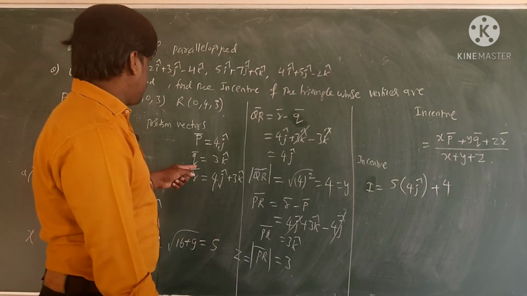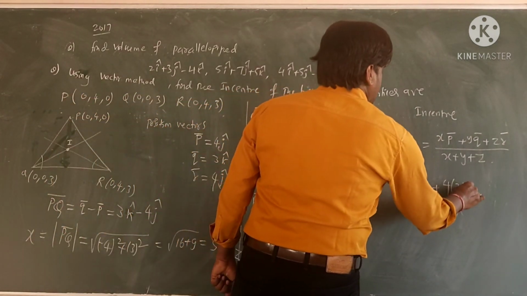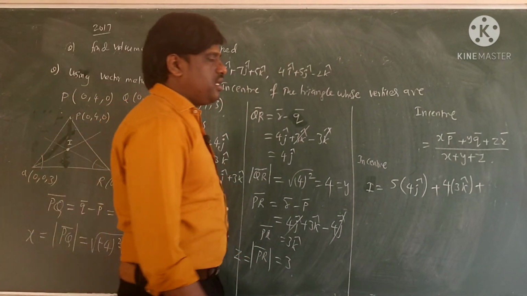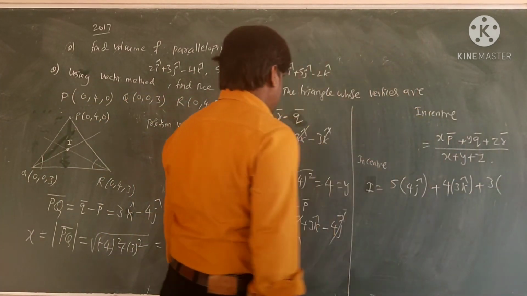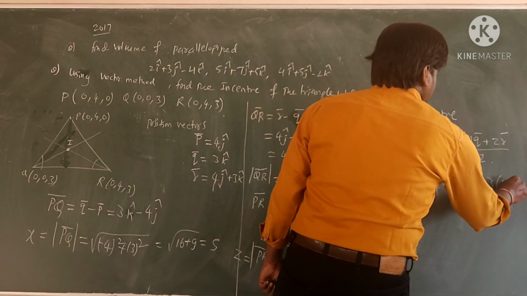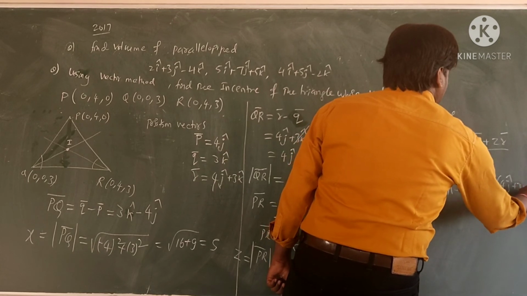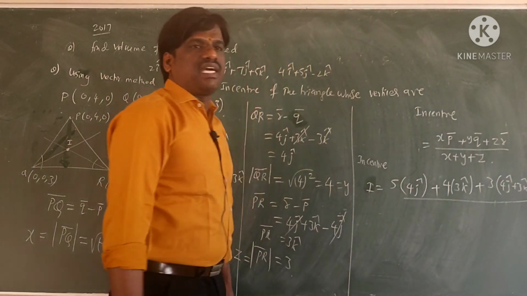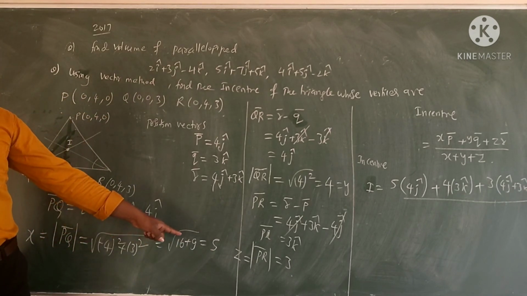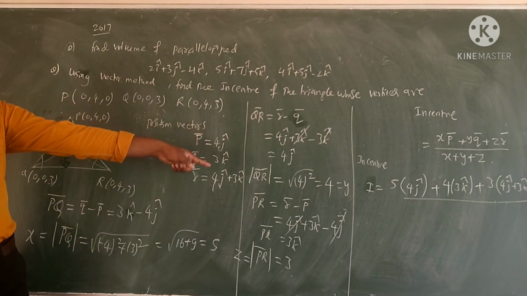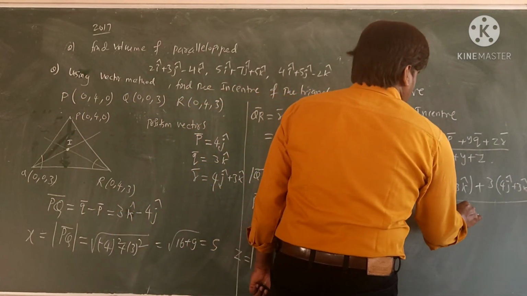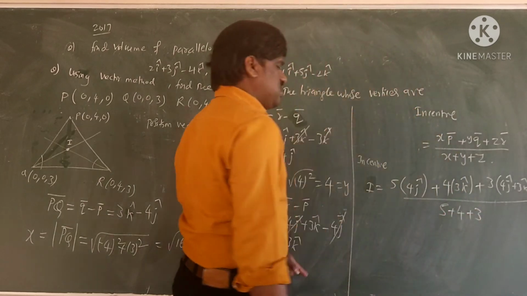What is Q vector? 3k cap. Plus Z, how much is it? 3. So 3 into R vector. What is R vector here? 4j plus 3k cap, divided by x plus y plus z. What is x here? 5. y how much? 4. z how much? 3. So 5 plus 4 plus 3. This is the incenter.